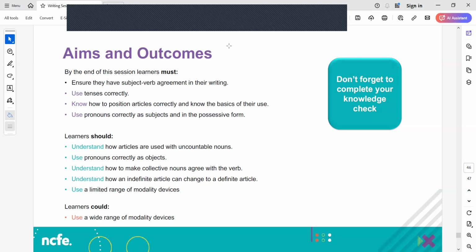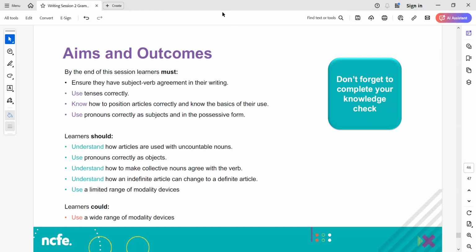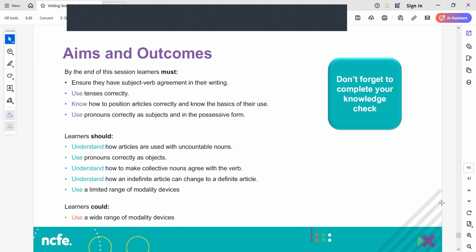You can also use websites such as the NCFE website and BBC Bitesize. There's a lot of learning content on the BBC website, BBC Bitesize it's called, and if you look for functional skills level 2 English, then you'll be able to practice some of what we've learned.